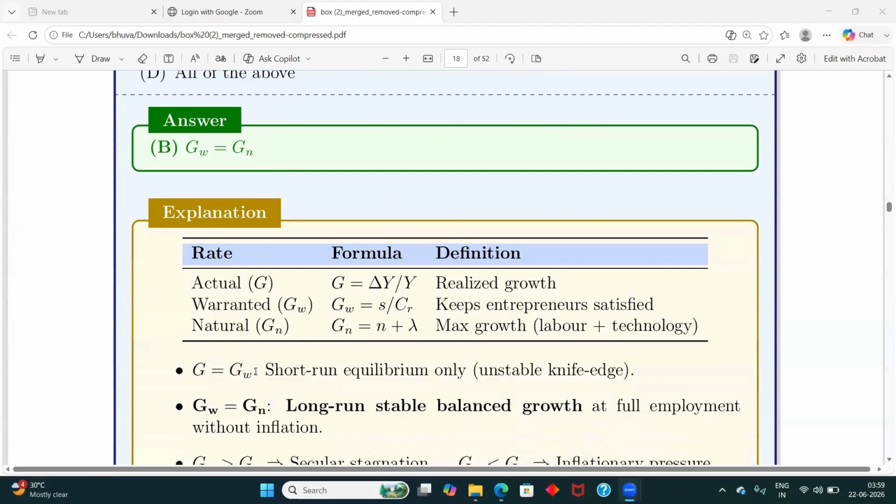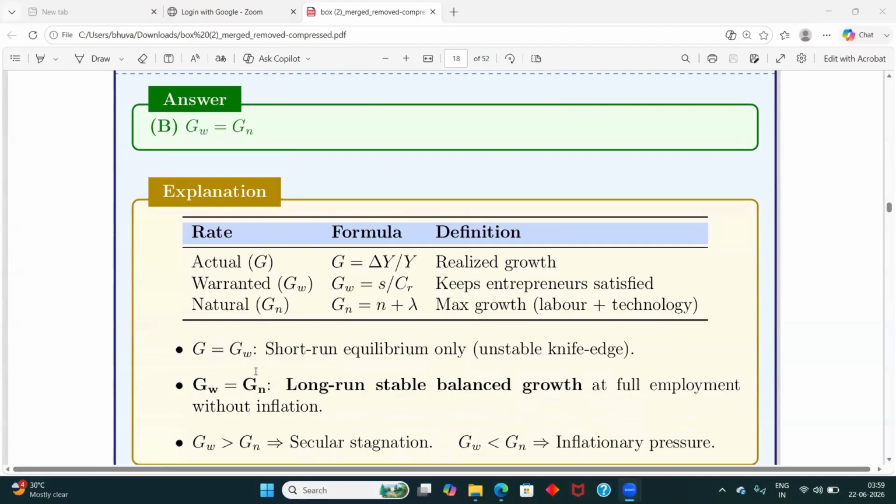Let's see the explanation. Actual rate of growth G is equal to change in income divided by income, which is realized growth. Warranted growth is equal to saving divided by capital requirement, which keeps entrepreneurship satisfied.